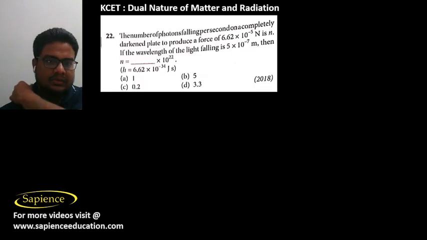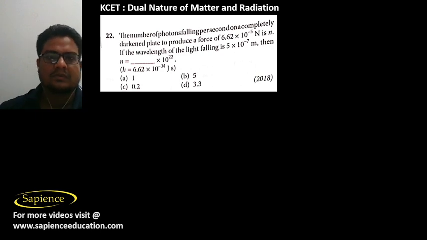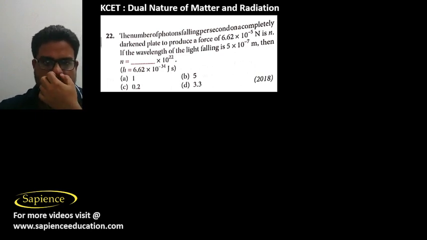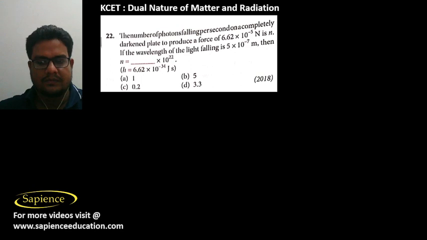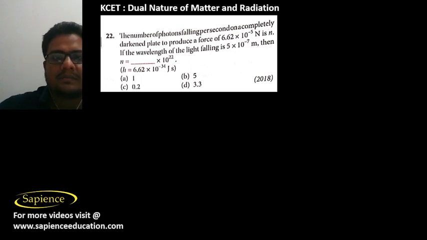Then in question number 22, it is told the number of photons falling per second on a completely darkened plate.